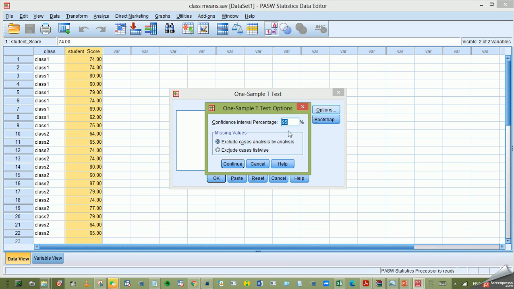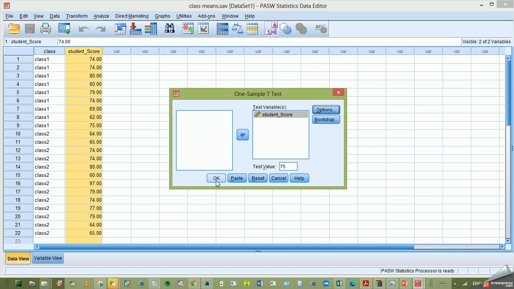The confidence interval is important here because, as I said in the previous video, mathematically it could be more or less, but from a statistical view, we can say whether it is equal to the population mean or not. So continue.